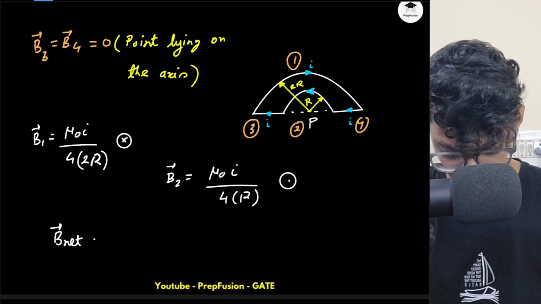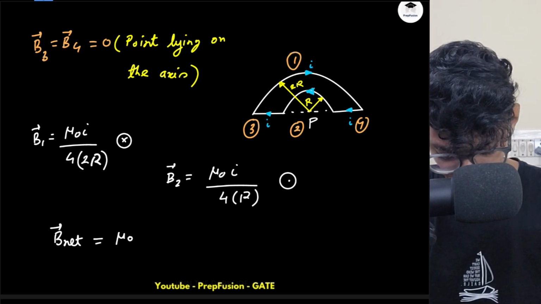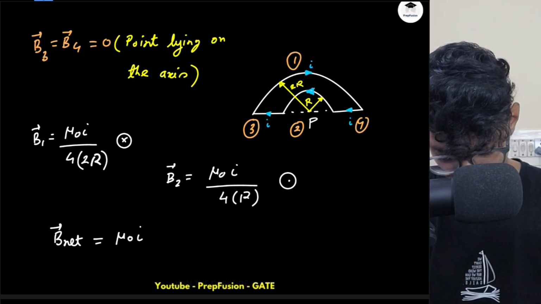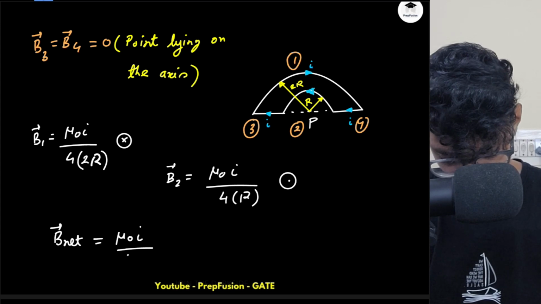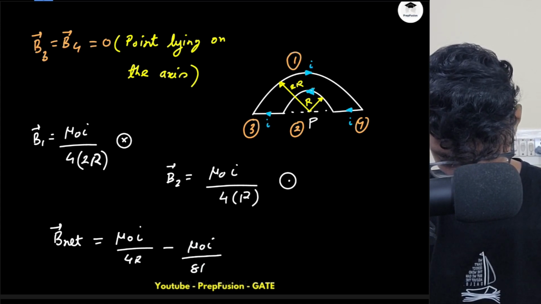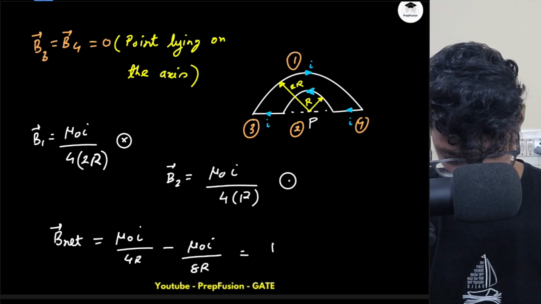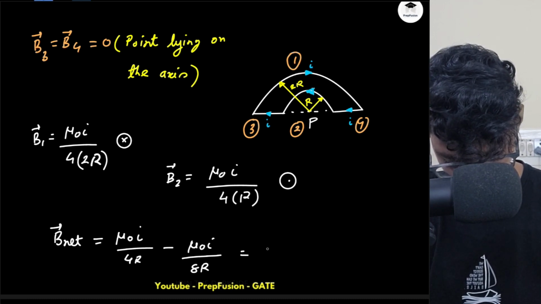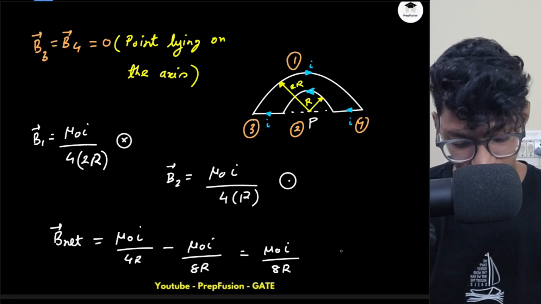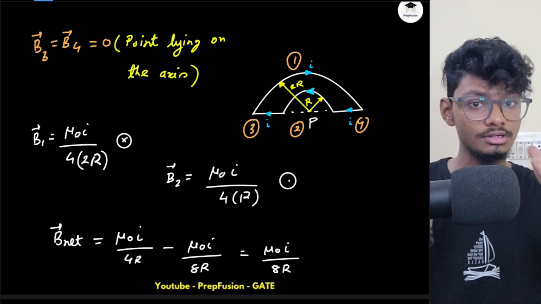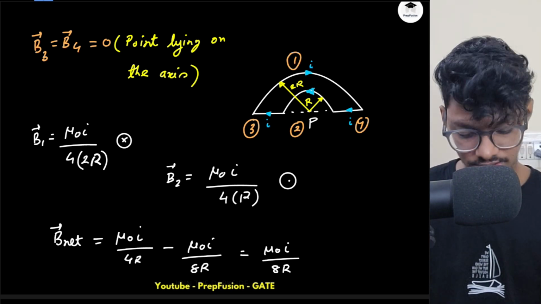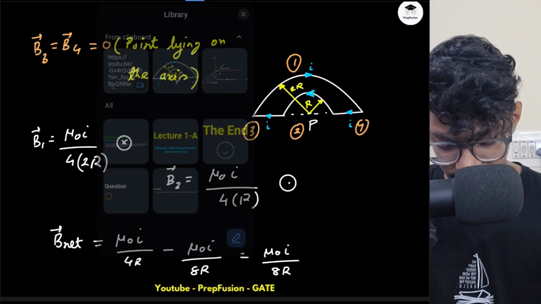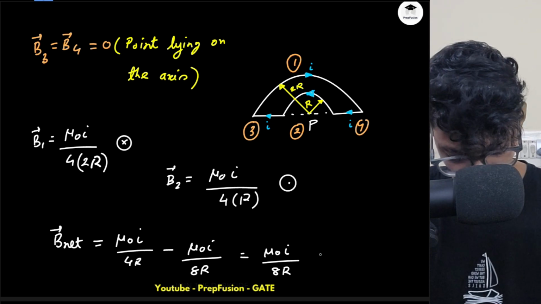So this will be mu naught I by 4R minus mu naught I by 8R. So this will come out to be mu naught I by 8R. Which direction? Coming towards me, because the inside circle has greater influence of magnetic field.